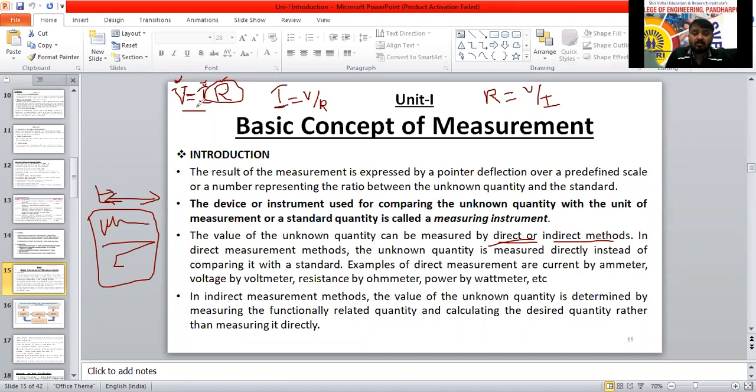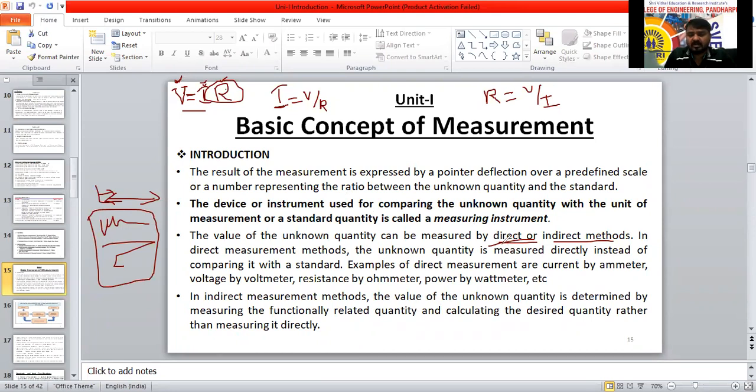Like that, the voltage measurement we have to do, we use the voltmeter. The current measurement we do directly with ammeter. Whatever the unknown quantity is, that meter only we use. That is called direct measurement.